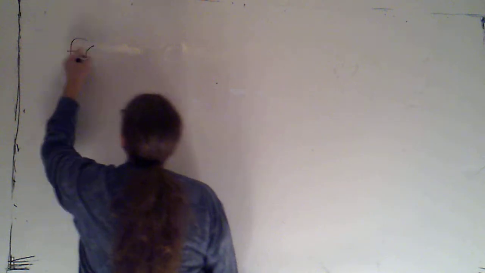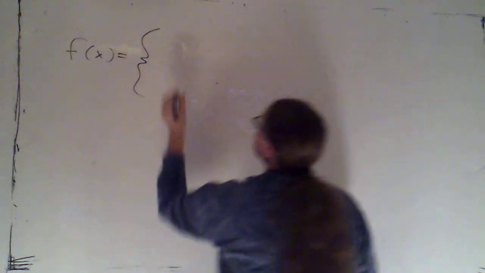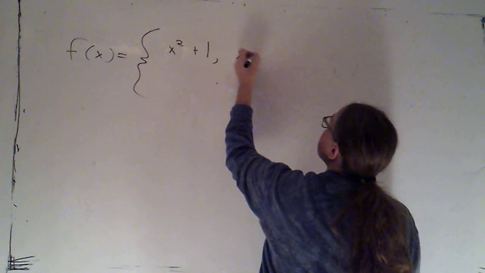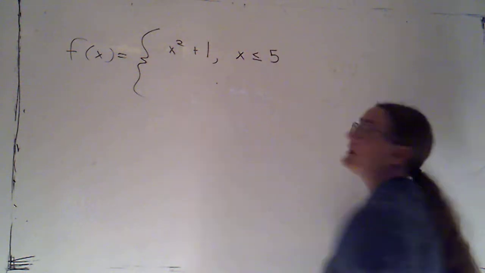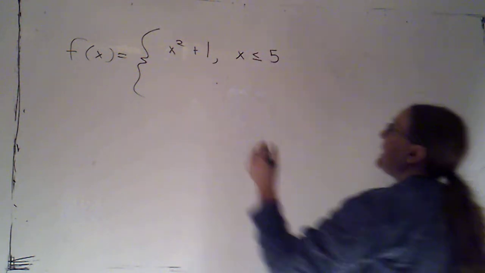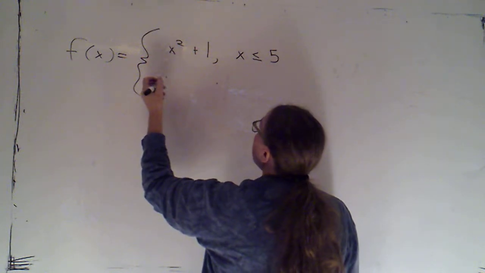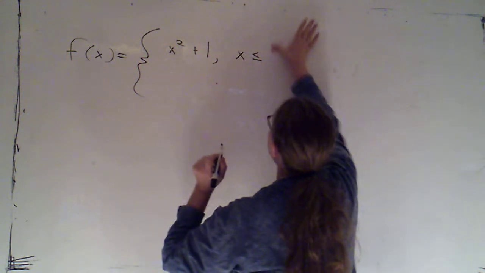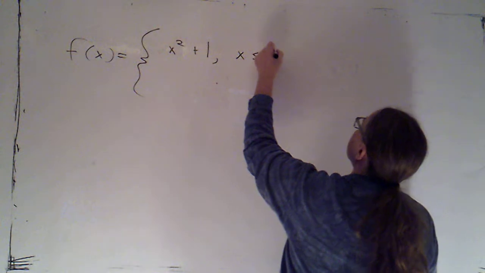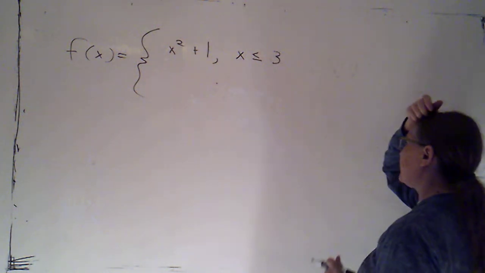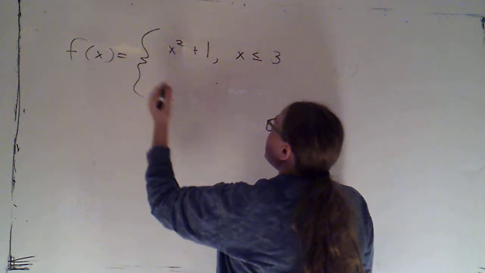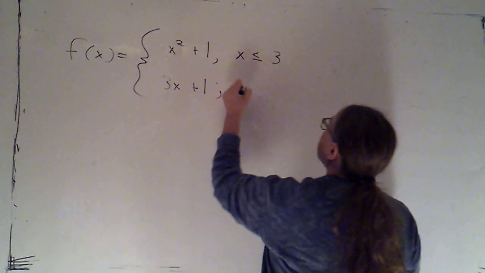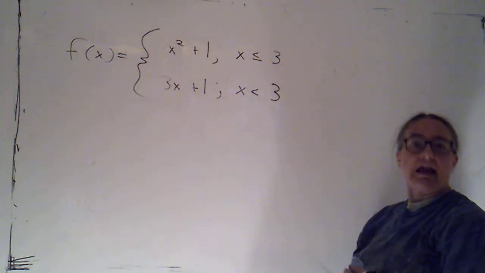So let's define f of x to equal x squared plus 1 if x is less than or equal to 3, and let's let it be 3x plus 1 if x is greater than 3.